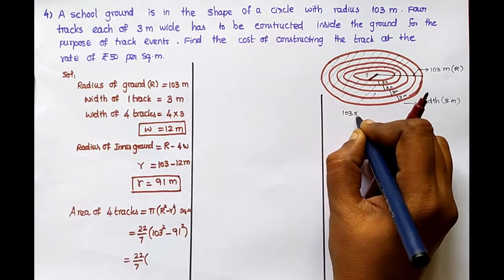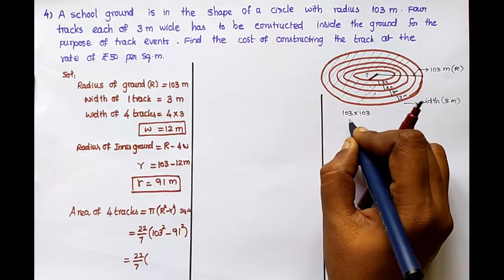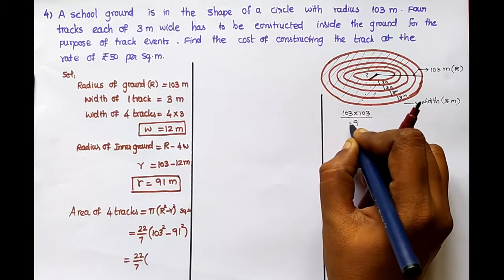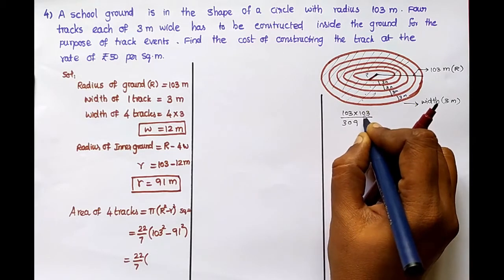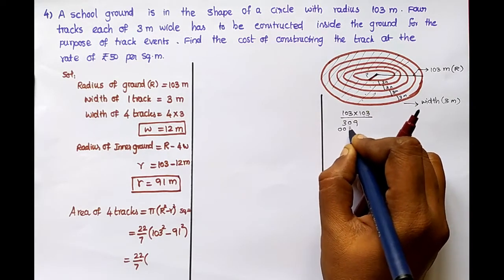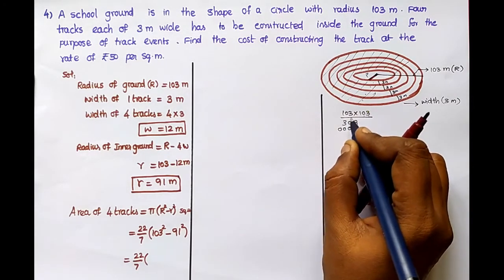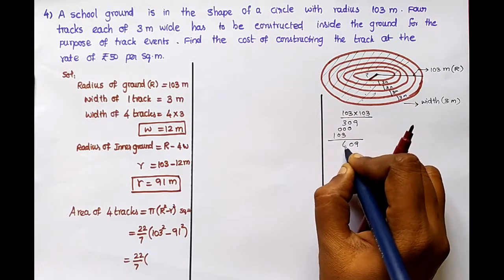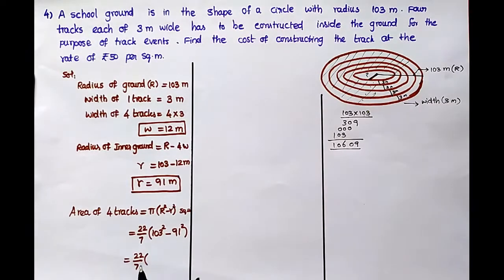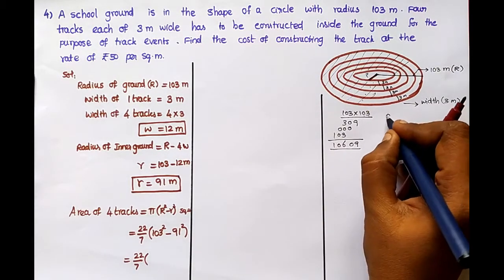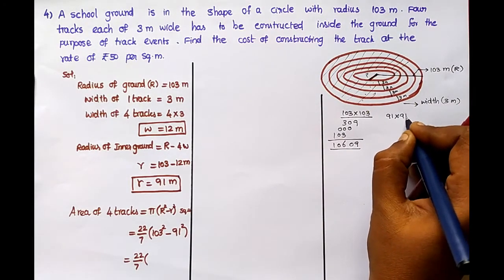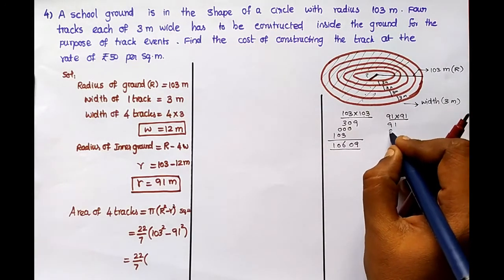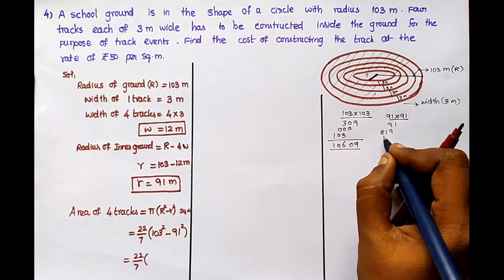103 into 103. 103 square means 103 into 103. 3 3s are 9, 0, 1 3 is 3. 0 into anything, 0. 1 into 103, 103. 10,609. And then 91 square. 91 squared means 91 into 91. 1 91s are 91, 9 ones are 9, 9 nines are 81.